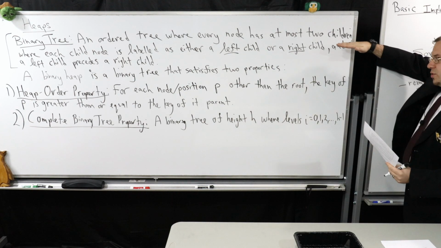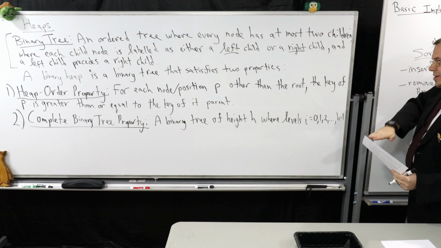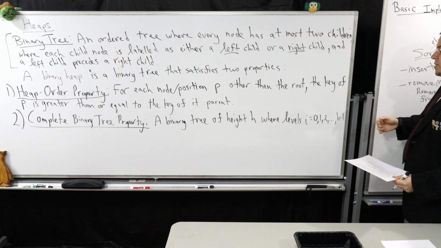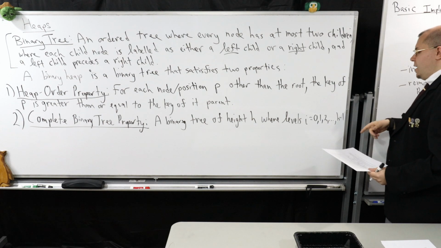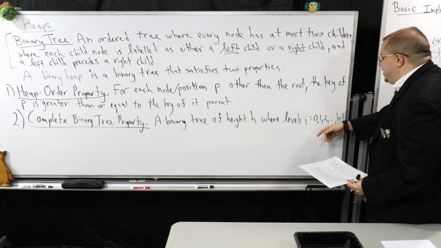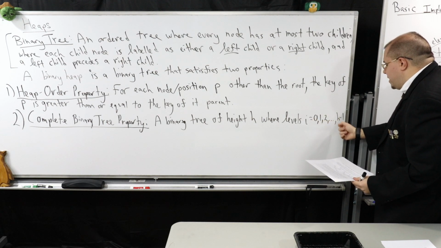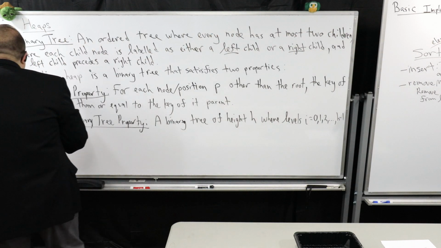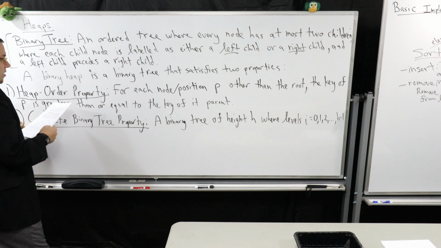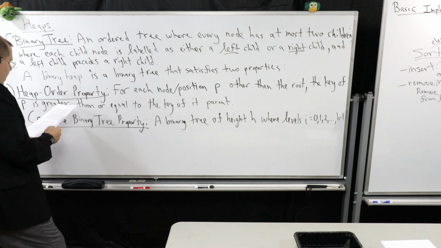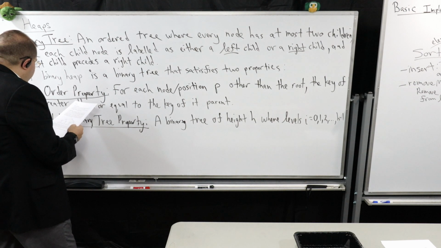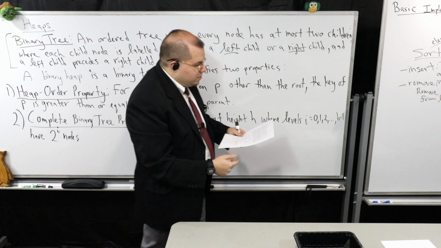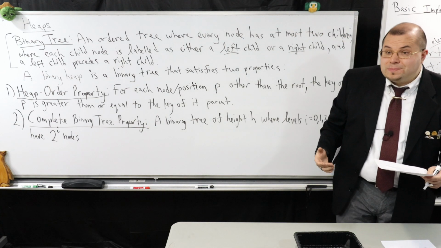So I'm looking at the levels of my binary tree, and I want to consider the first 0 all the way up to h minus 1 levels. This is the maximum number of possible nodes at that level.